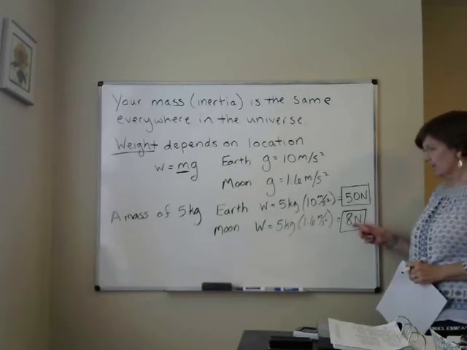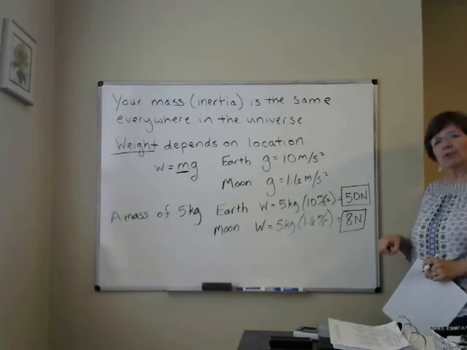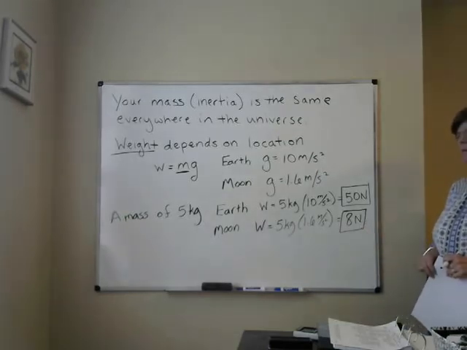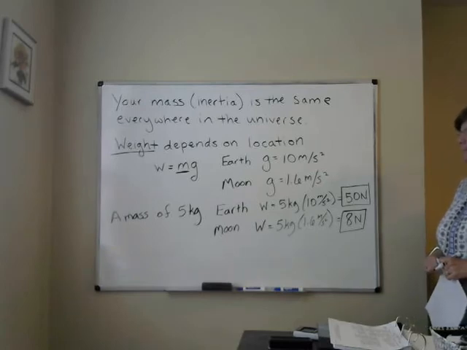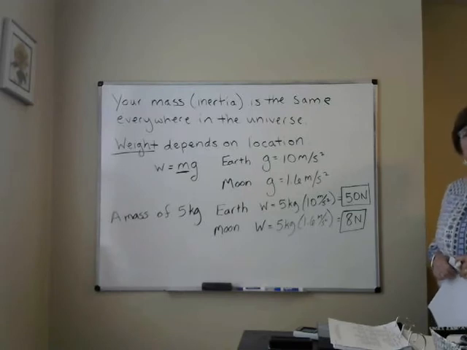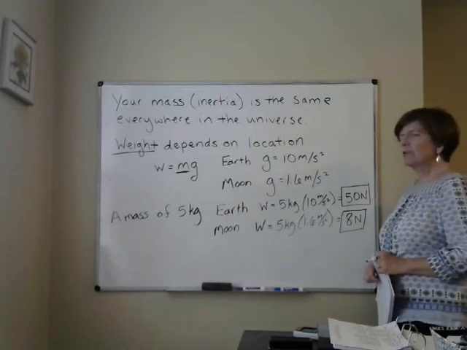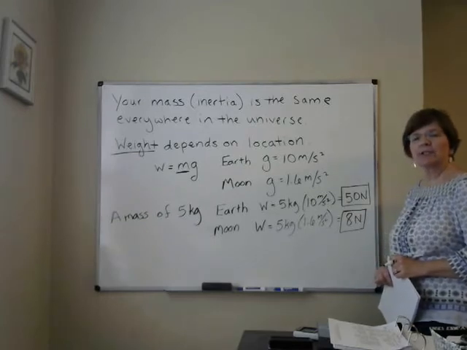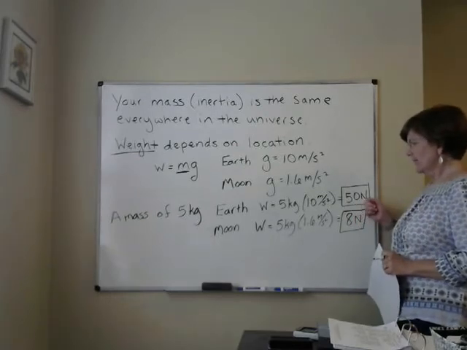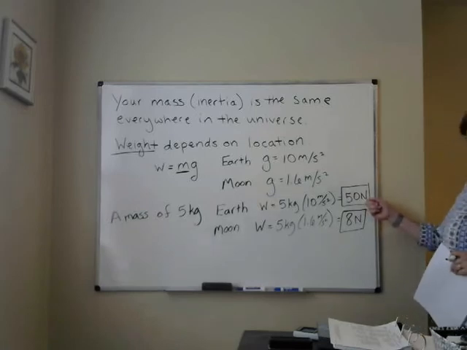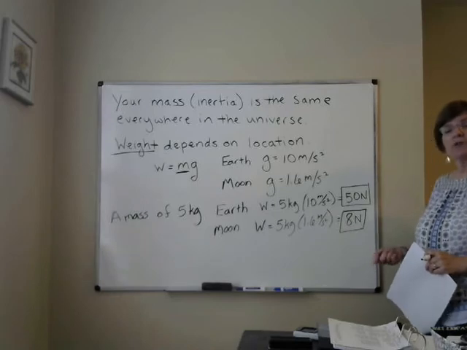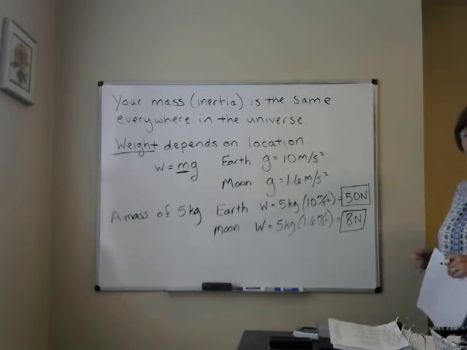If you're on the moon, that same object would feel a force of 8 newtons towards the center of the moon. Okay? So, that's the difference between weight and mass. The inertia or the mass of a 5 kilogram object is the same every place in the universe. But it's going to have a greater weight on Earth than it will have on the moon. If we took it to a larger planet like Jupiter, it would actually weigh quite a bit more.